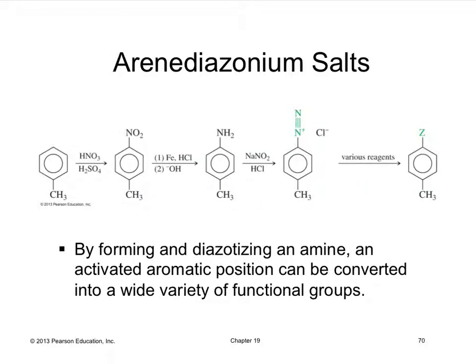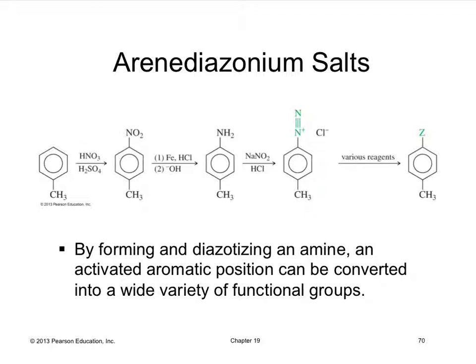So aryl diazonium salts can be generated. Here is toluene, you nitrate it, and then in the presence of iron and HCl, and hydroxide, you can convert the nitro group into an amine. Then in the presence of sodium nitrite and HCl, you form the aryl diazonium salt.